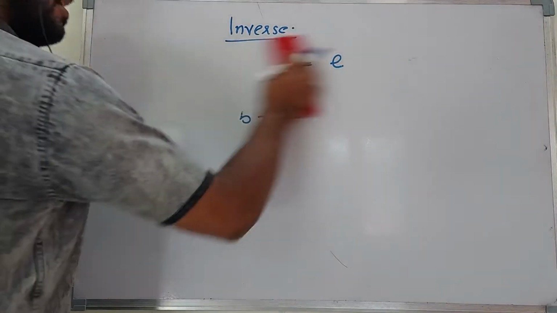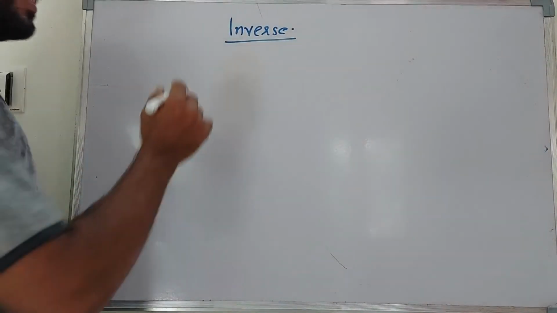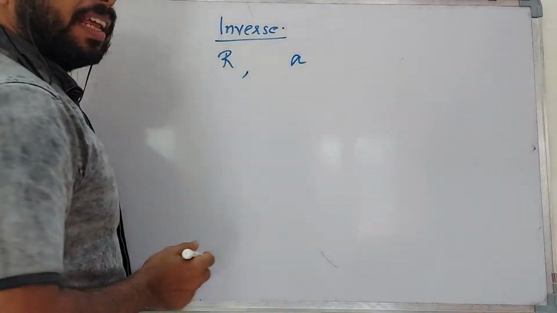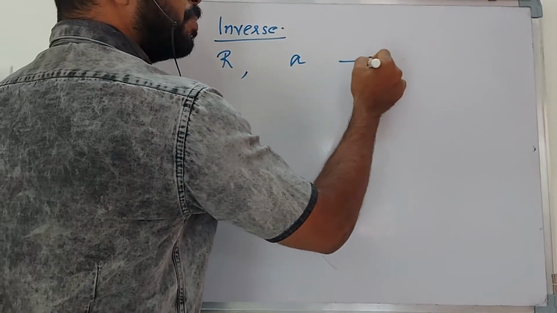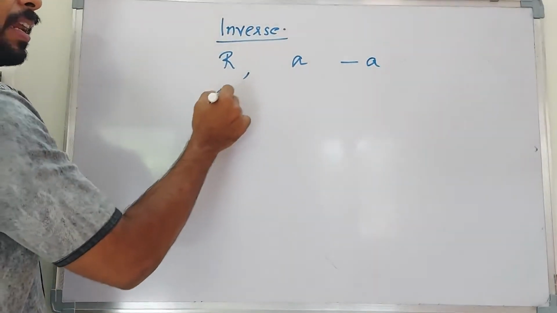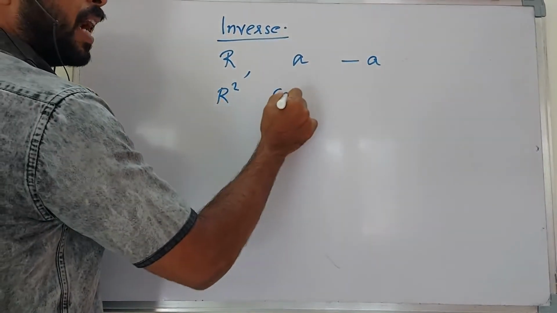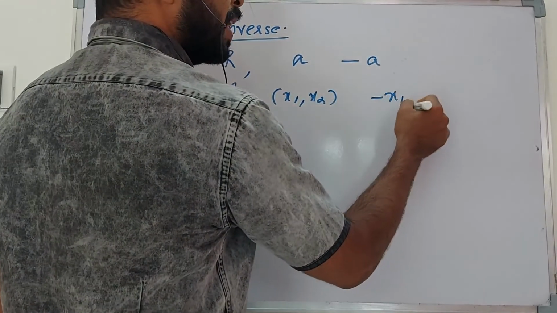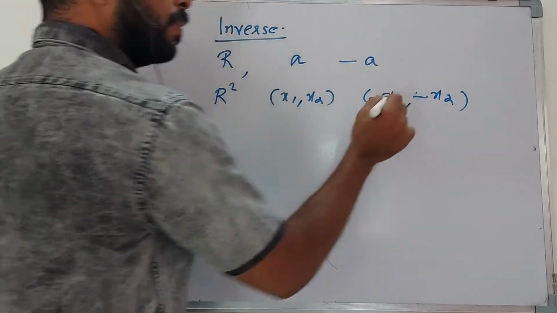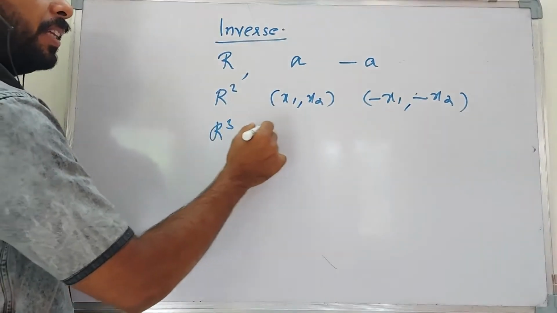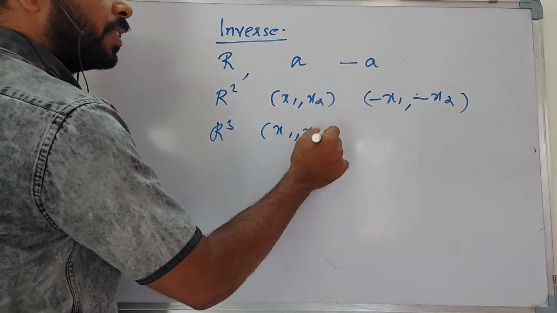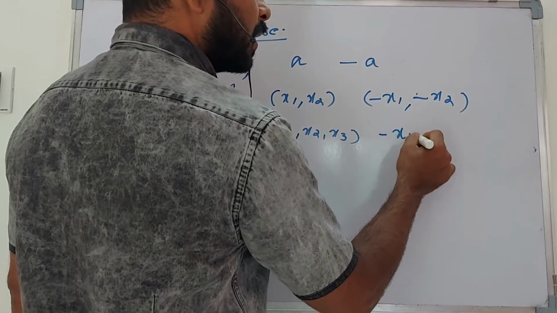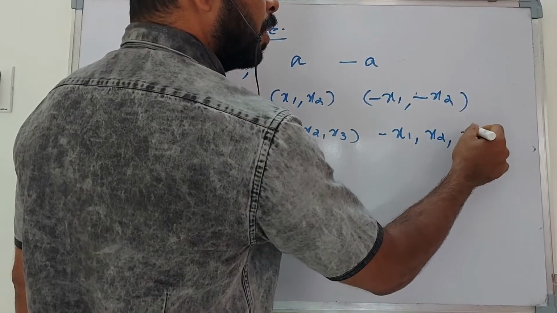For example, in the set of real numbers, if A is any real number, its additive inverse is minus A. In R2, the additive inverse of an ordered pair x1, x2 is minus x1, minus x2. In R3, for x1, x2, x3 the inverse is minus x1, minus x2, minus x3.